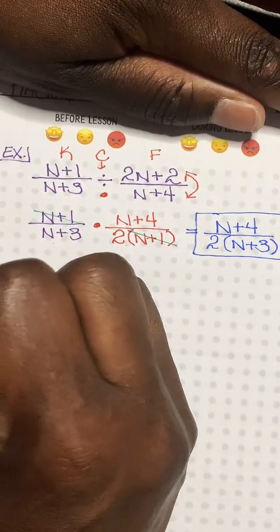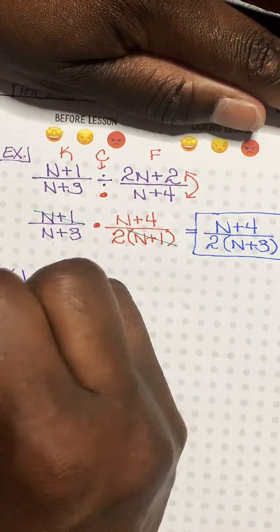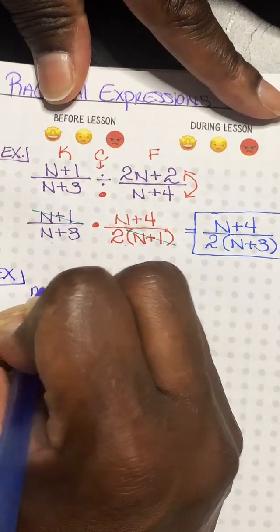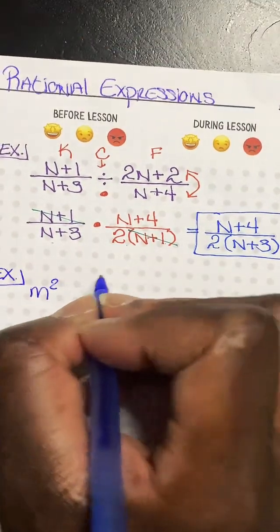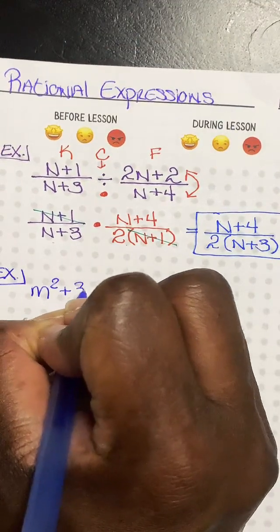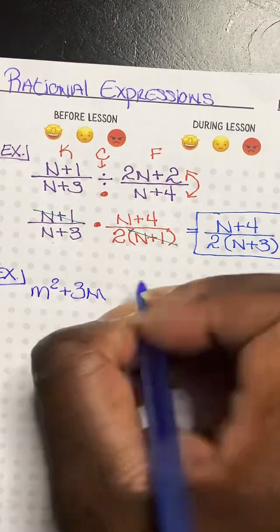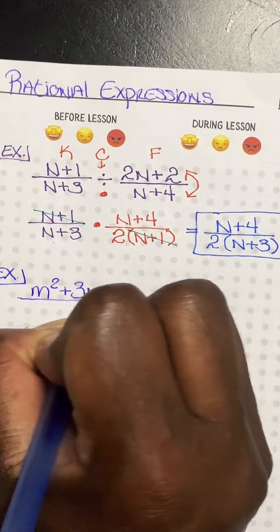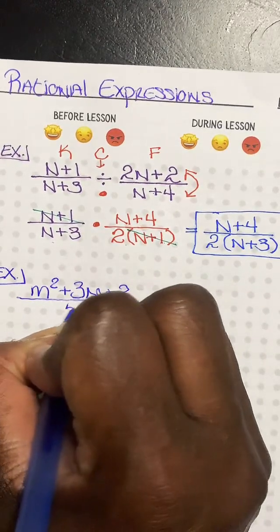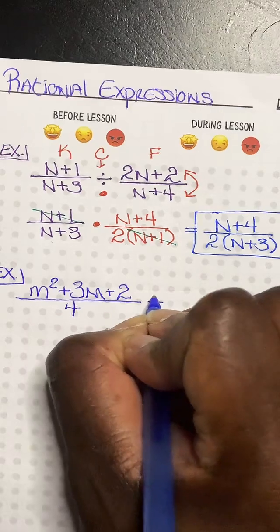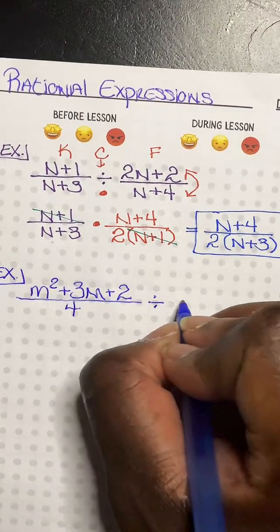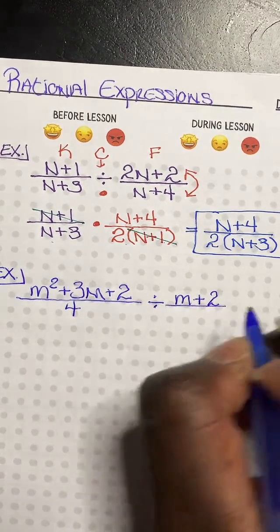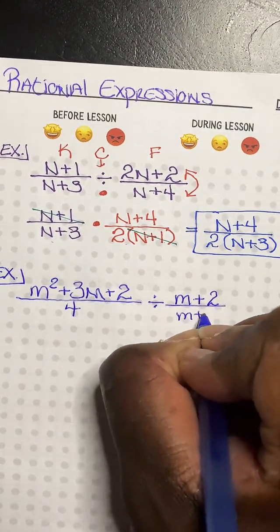So if we have m squared, and then we have m plus 2 over m plus 1.